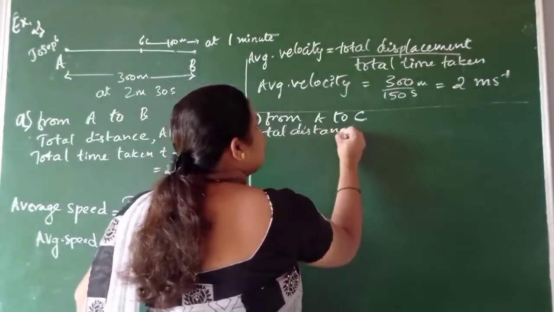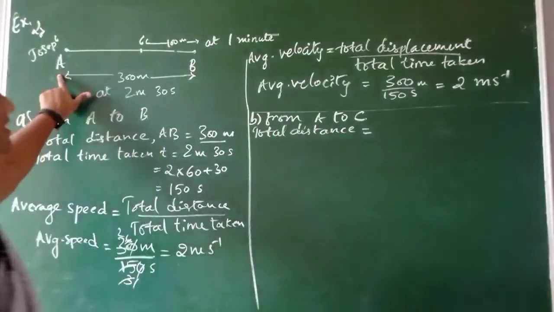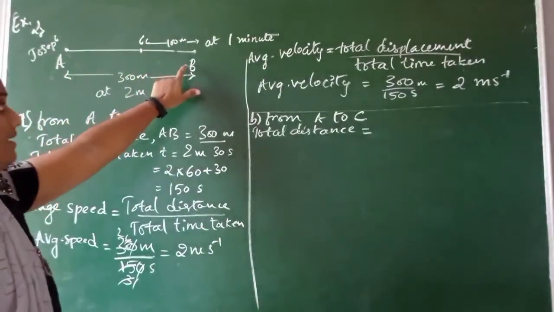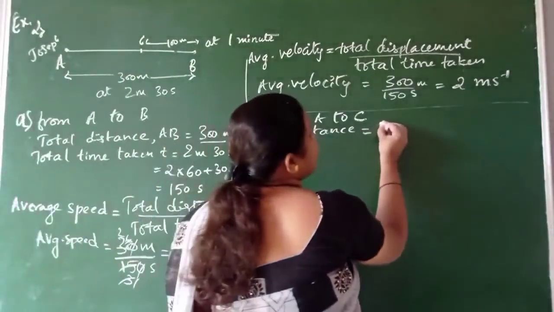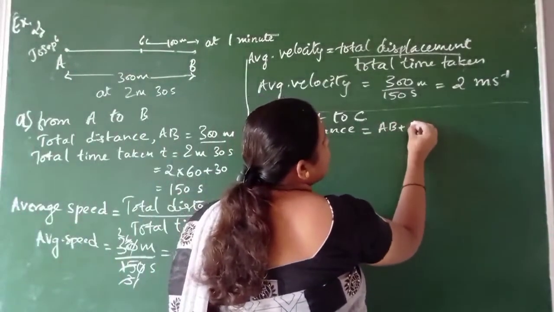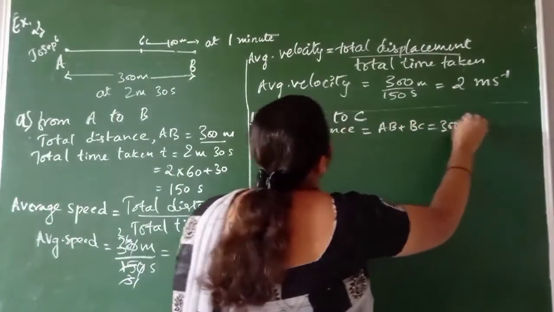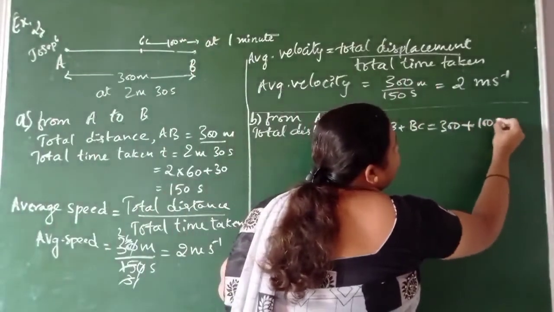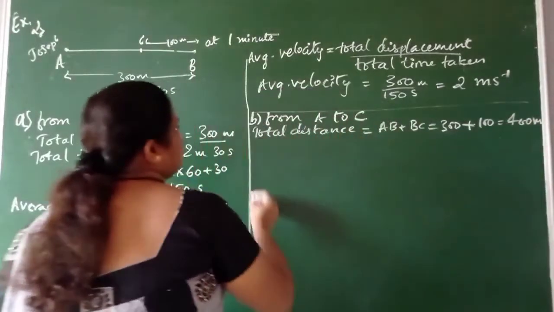He goes from A to B, then from B to C he returns. So the total distance is AB plus BC, which is 300 plus 100, equals 400 meters.